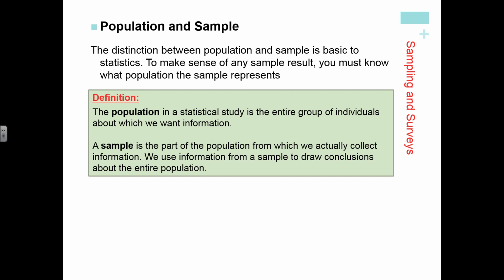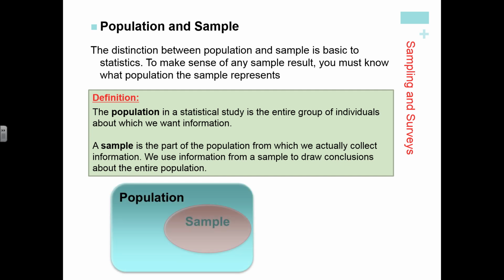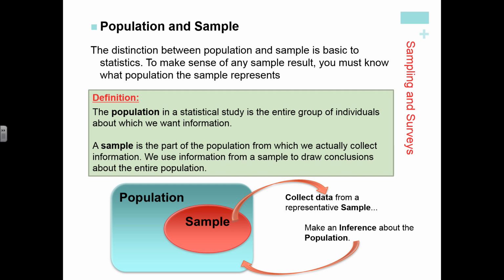So your goal is to get a sample of that population and collect data from that sample, and then use that sample to draw conclusions about the population as a whole. So again, we start with our population, we identify who that's going to be. Then we make a little sample out of the population, collect data from that sample so that we can make inference on the population.